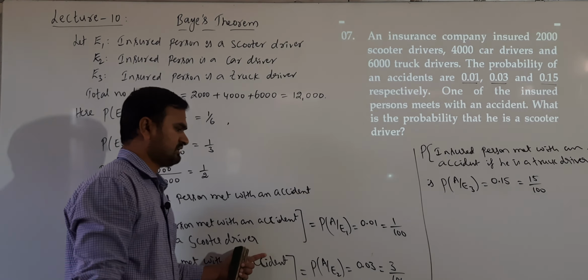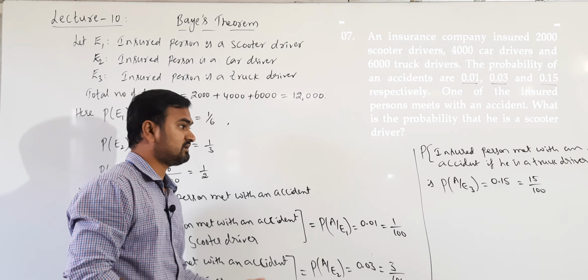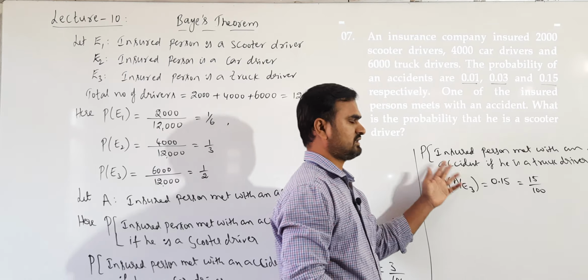These are the corresponding probabilities of meeting with an accident for a scooter driver, a car driver, and a truck driver.